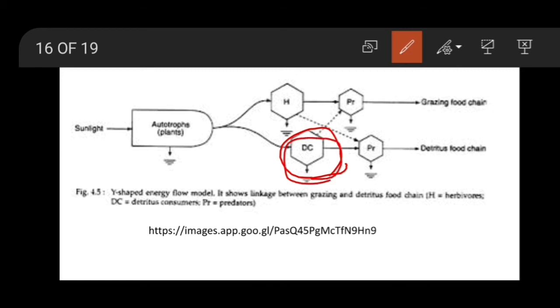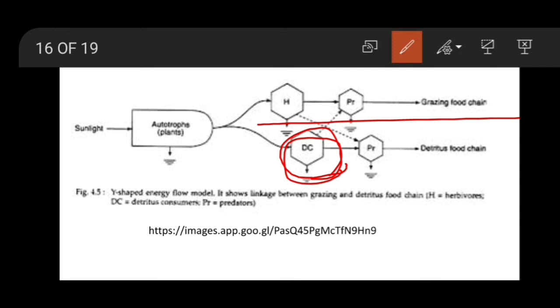So DC is for the detritus food chain, and this is the grazing food chain. Microconsumers like bacteria and fungi differ greatly in size and metabolism. Here you can see the importance of the two food chains may differ in different ecosystems.